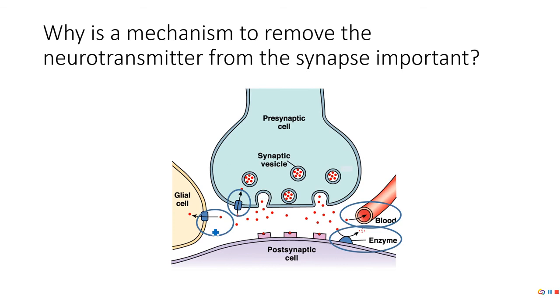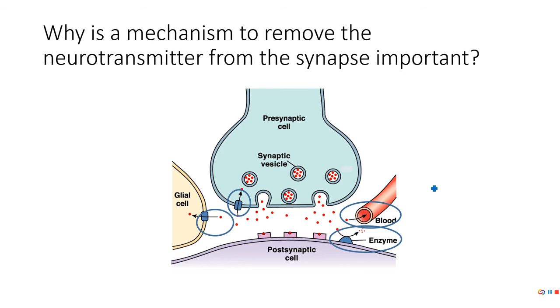It can be taken back into the presynaptic neuron through a process called endocytosis. It's essentially the opposite of exocytosis. Three, it can just diffuse away into the bloodstream. Four, there can be an enzyme such as acetylcholinesterase, which breaks down a neurotransmitter called acetylcholine.